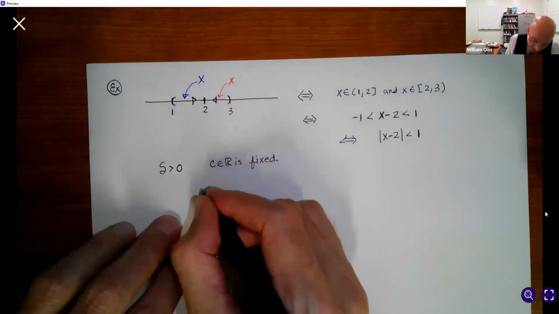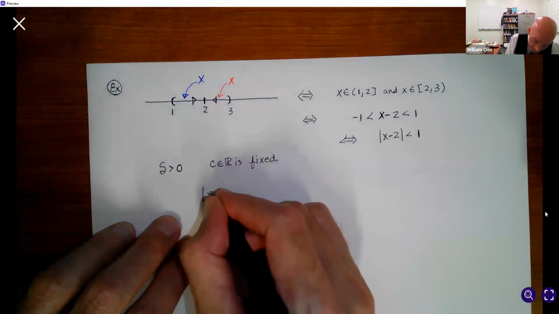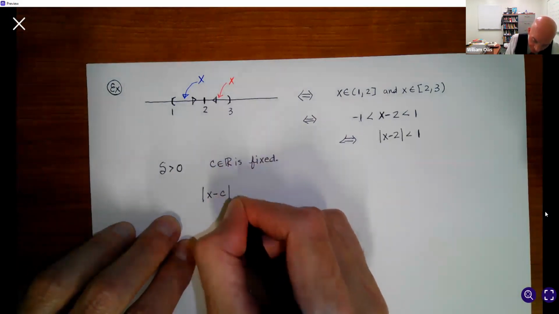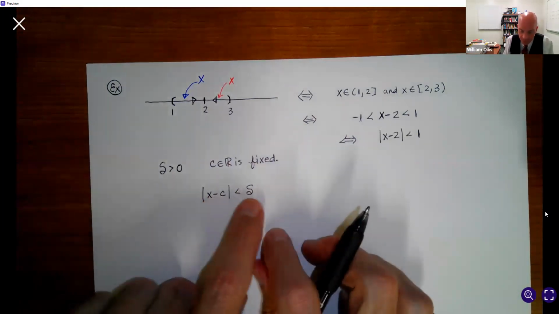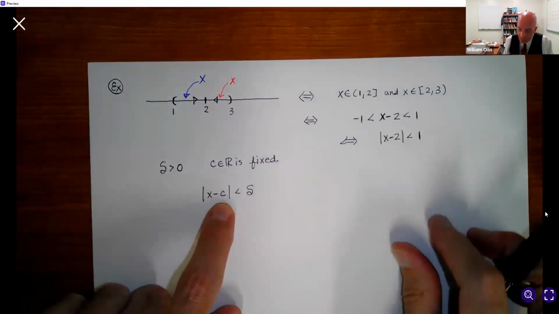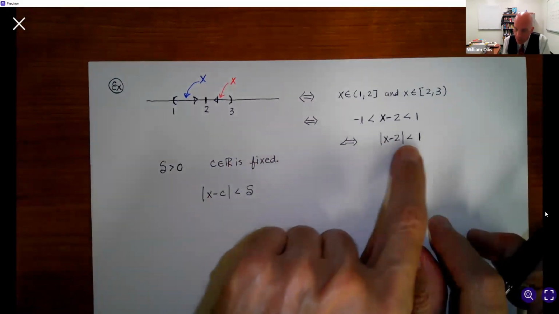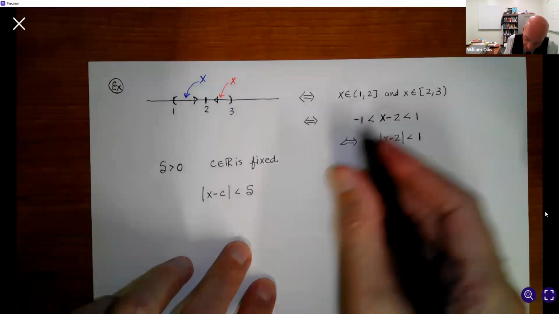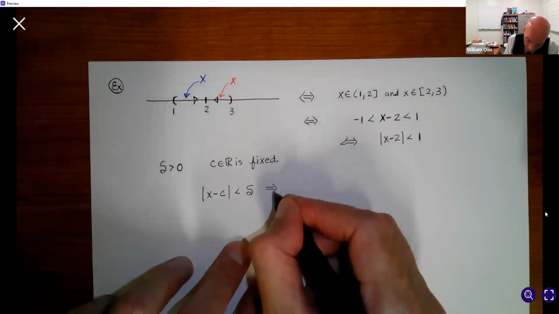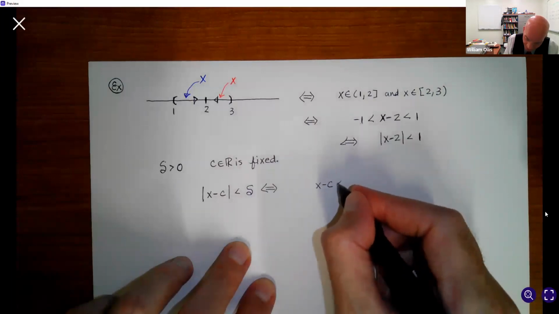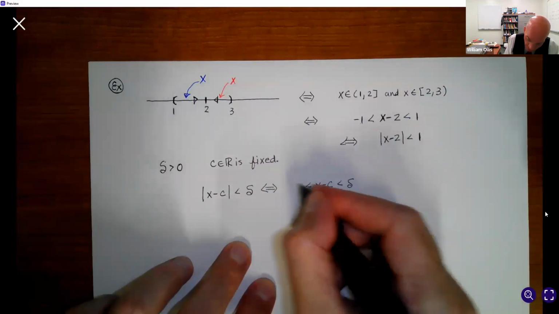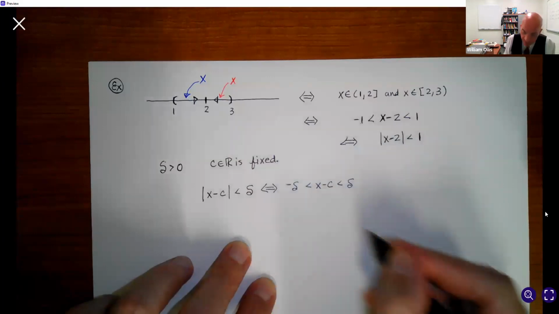So now we could write the absolute value of x minus c is less than delta. We say x is within delta of c, just like we say x is within 1 of 2. And going backwards, this would mean that x minus c is less than delta and greater than negative delta.